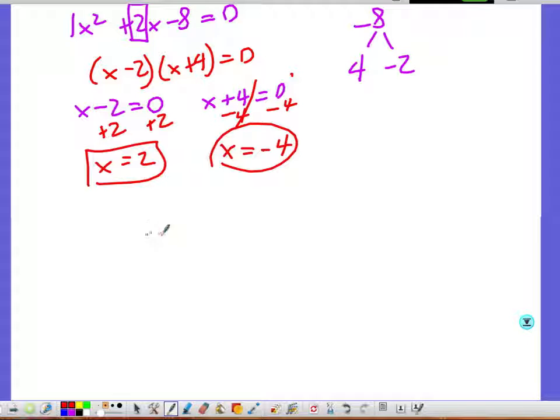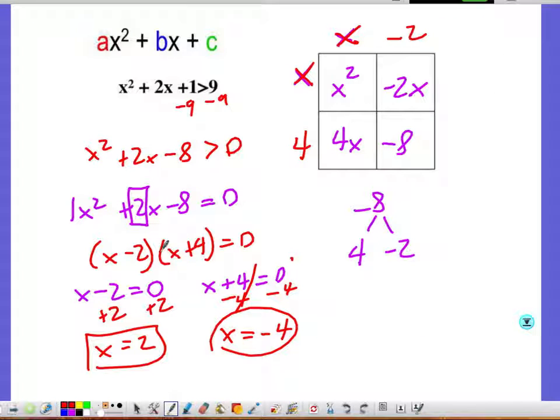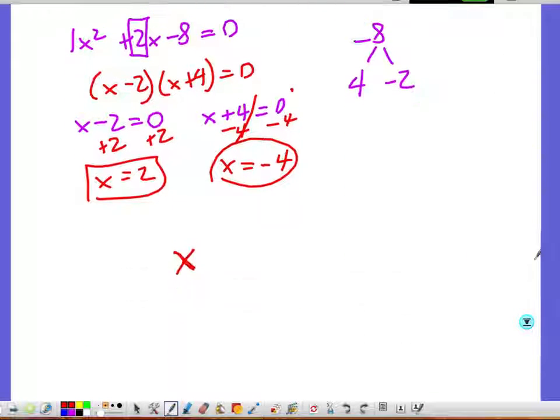What we're going to do is write the solution set. And so x goes in the middle. Remember, my solution set is going to be set up like this. My smallest value is going to be on the left. In this case, it's negative 4. And my largest value is going to be 2.